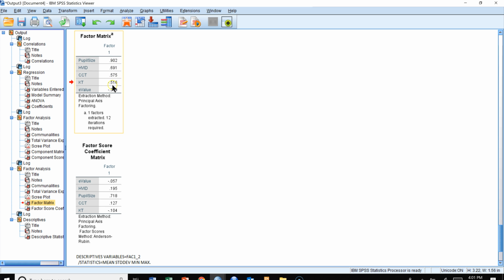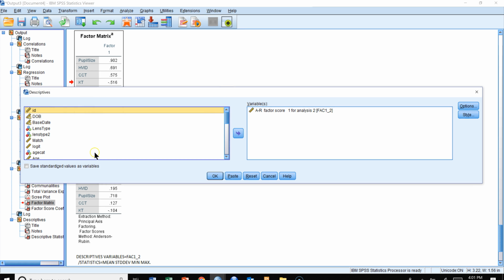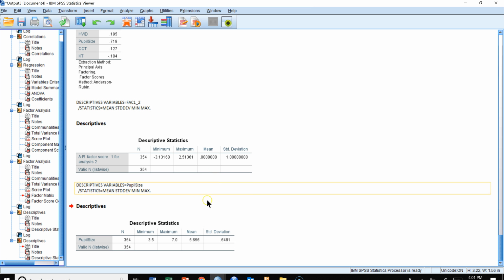So what I would do is go into Analyze, Descriptives, and look at pupil size. And I find that the mean is 5.65 with a standard deviation of 6.4.